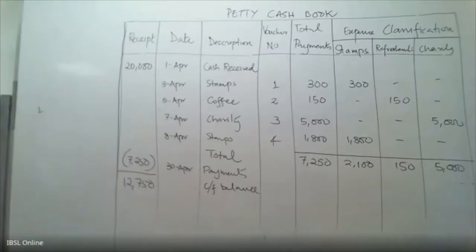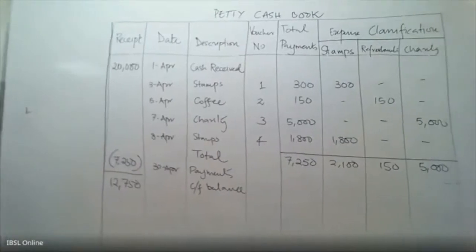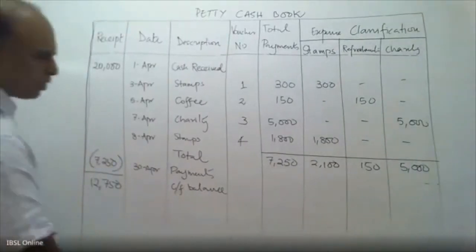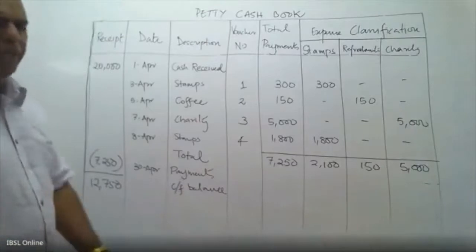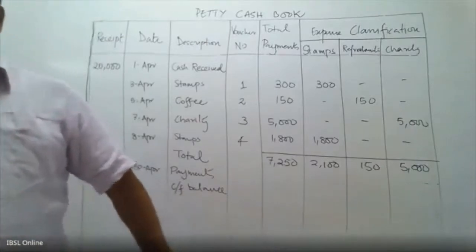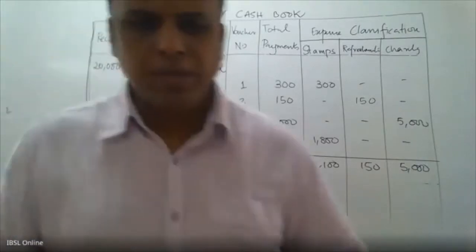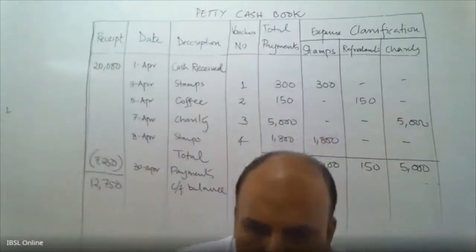We need to do another related topic, that is control accounts. Control accounts we will do separately. You don't have to worry about them in this, but control accounts are also part of this same topic, which we will handle as a separate topic subsequently.